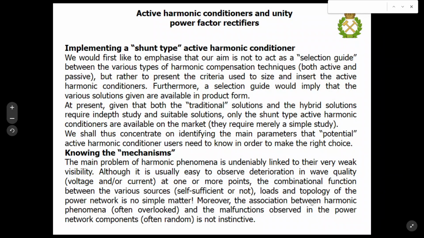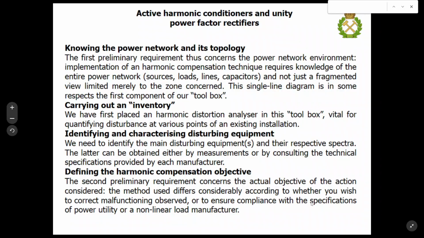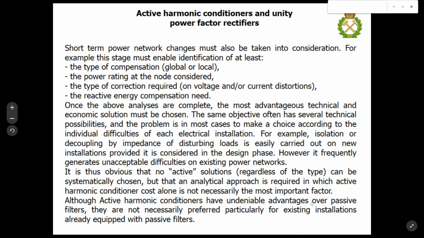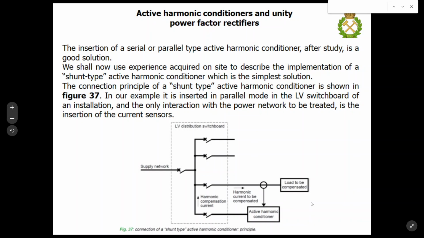And the main reason for such topologies is multifunctional systems. Also, we should take into account the point of installation of such active or hybrid devices.